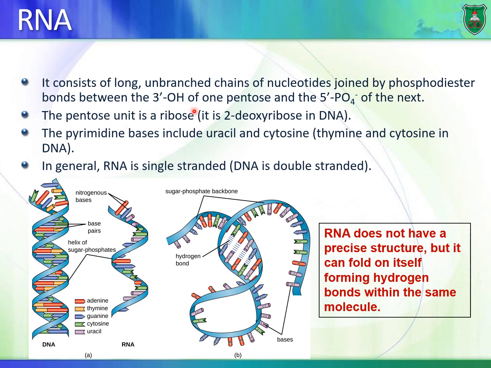Now the pentose is a ribose, not a deoxyribose. The pyrimidine bases include uracil and cytosine, not thymine, unlike DNA.